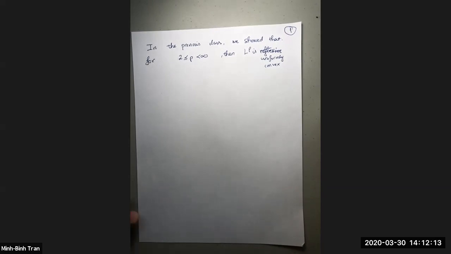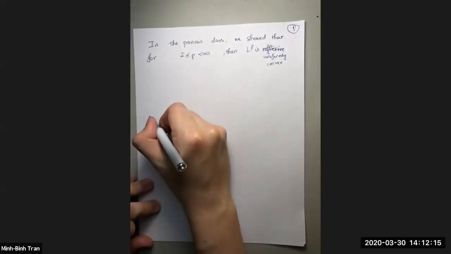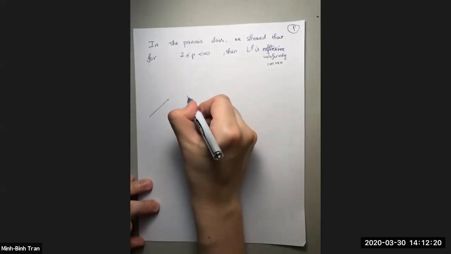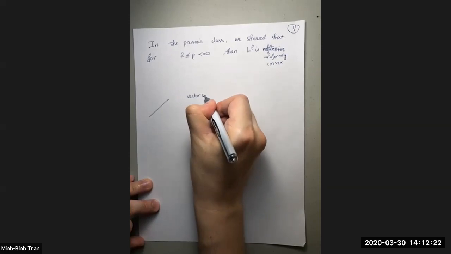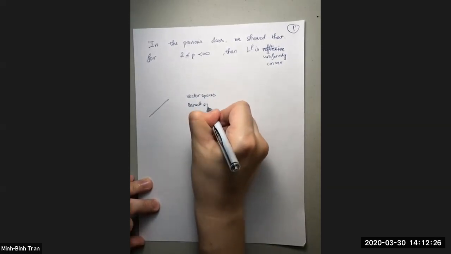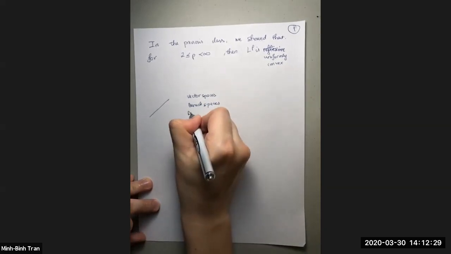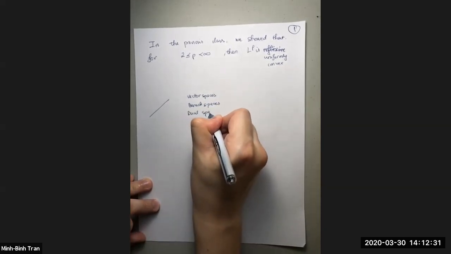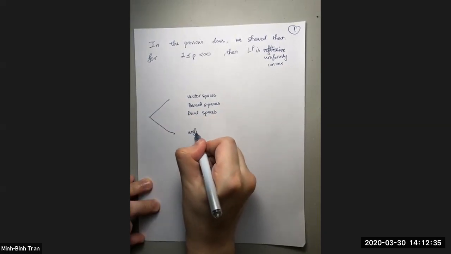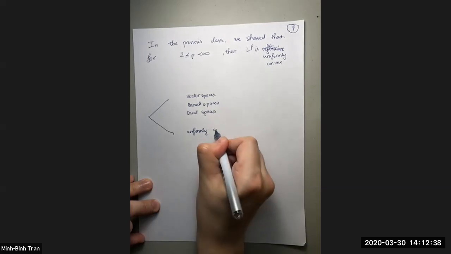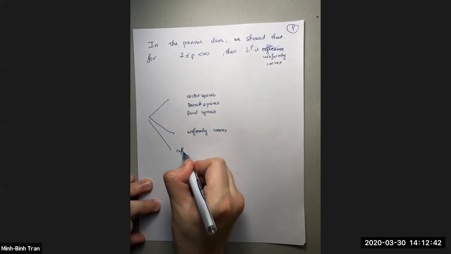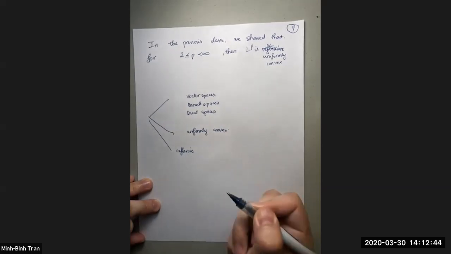All right, so let us recall that from the beginning of the second half of our class, we learned about vector space and Banach space and dual space. And then we also learned uniformly convex and then reflexive, right?